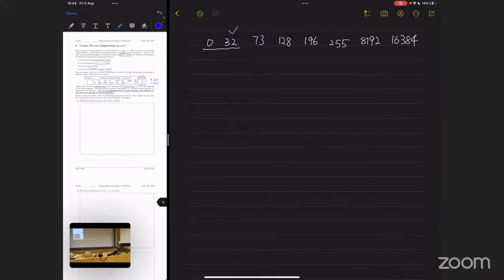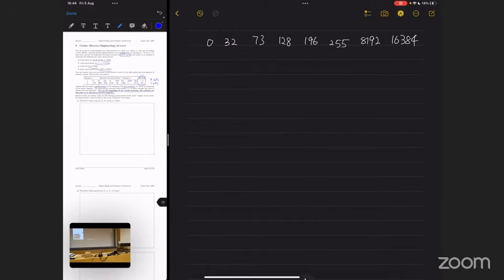And then we would have a hit here. So that's only 2 hits. Now we only have one option left, which is 128 bytes.